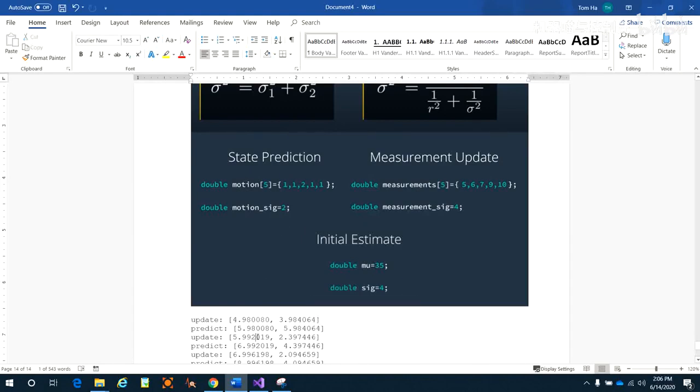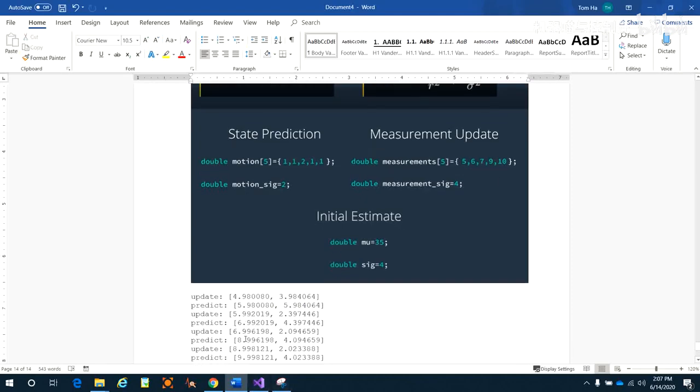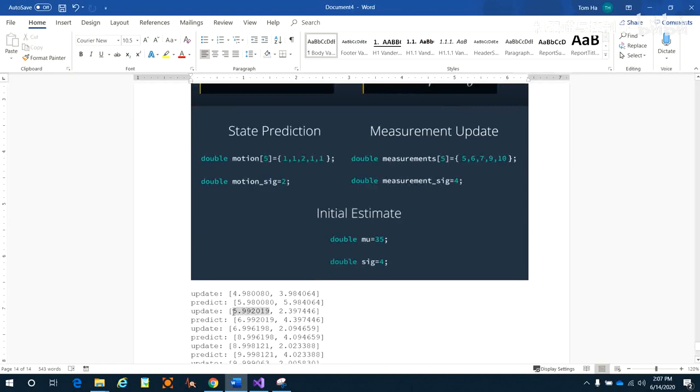So the robot prediction gives this location and covariance for the next movement. In the next movement, the robot's measurement is 6, and they update the measurement, comparing the prediction and the measurement.